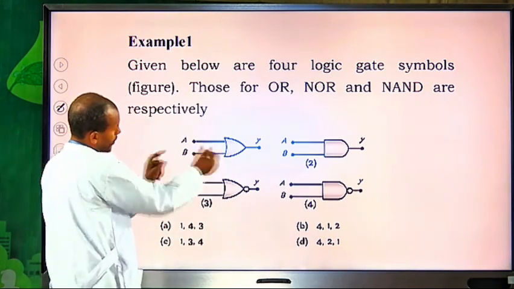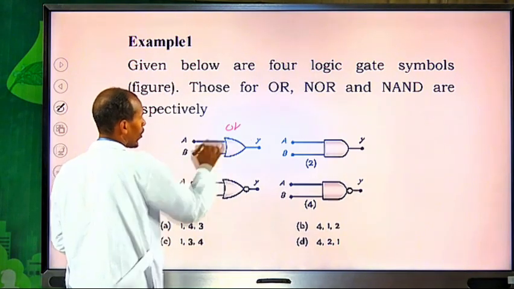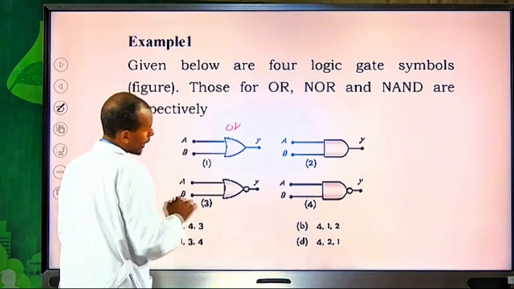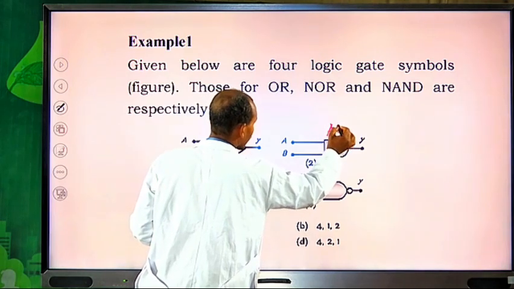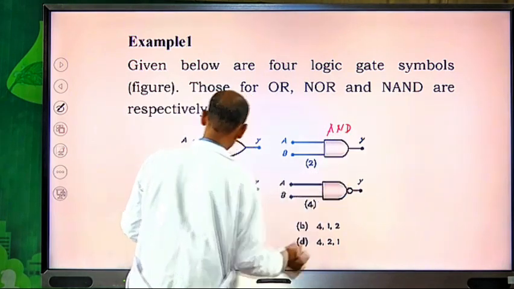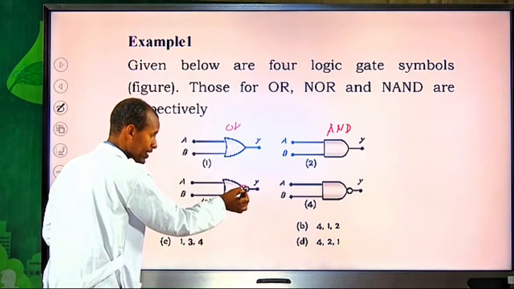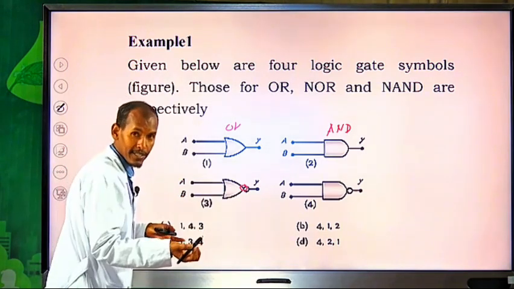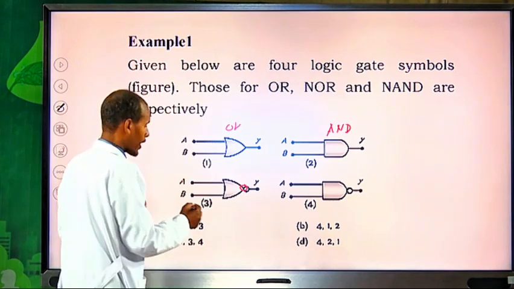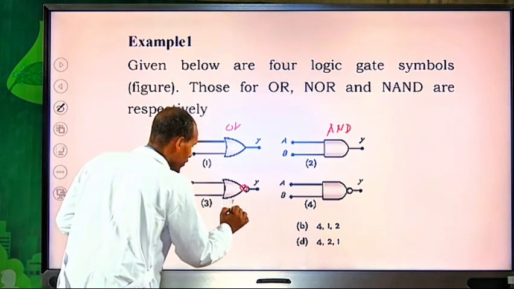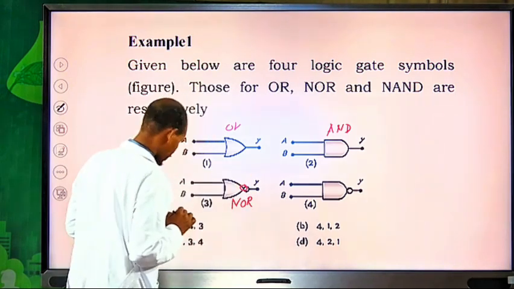So look at this one. This is an OR gate. And the second one is an AND gate. And the third one, look, there is a circle here to represent that a NOT gate is added to the OR gate. That means this one is a NOR gate.